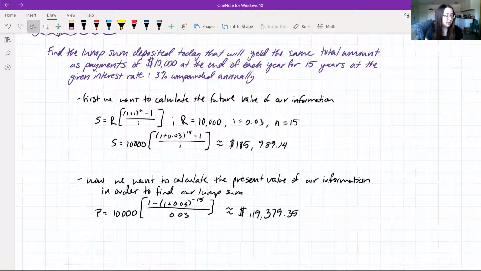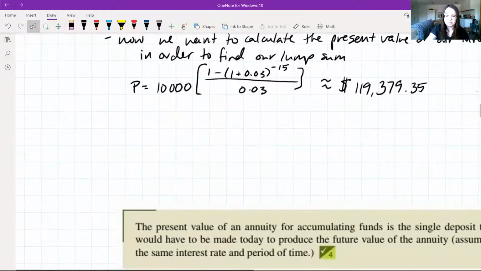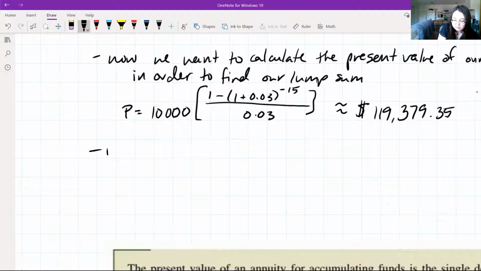So now, if we want to check if our answer is correct, we want to use our compound interest formula.